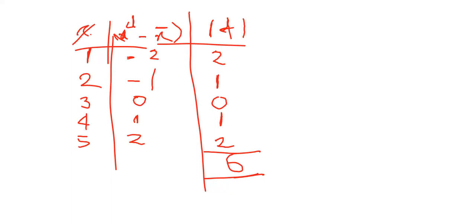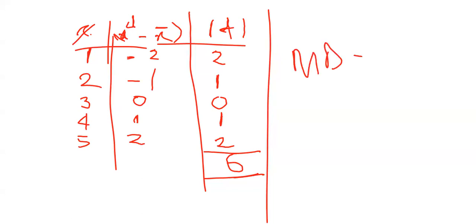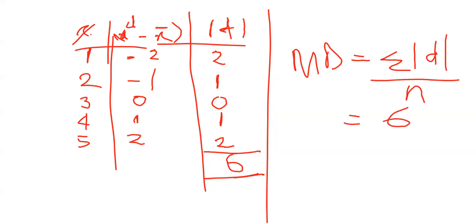So in simple language, MD, mean deviation, is summation of the positive value of deviation all over N. So it's going to be 6 all over 5. Now our mean deviation is 1.2.